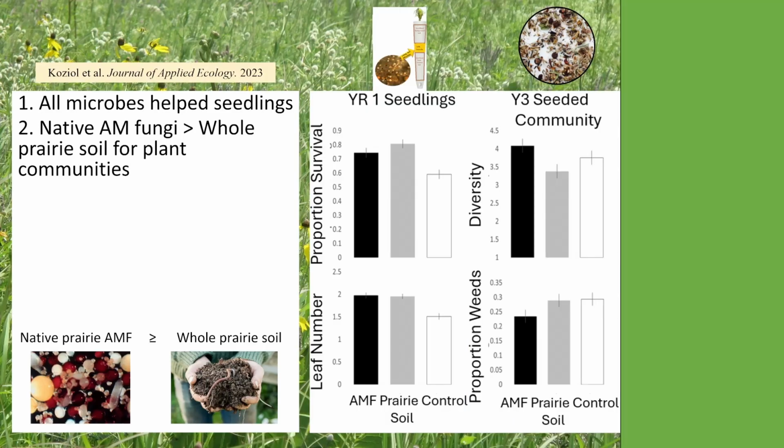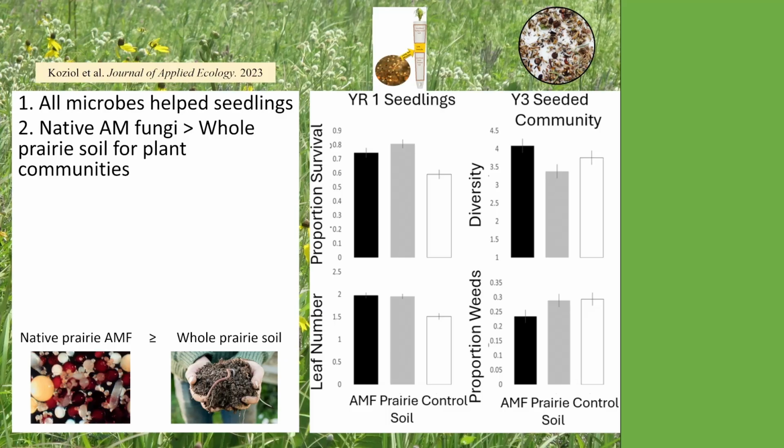Looking at what happened with the seeds that were recruited next to those plant species, we saw that diversity, which is thinking about the number of plants, the richness, and their evenness, was improved with our native AMF, and the weeds that were present were reduced with our native AMF relative to the 2 other kinds of inoculants. So native AMF seemed to be a little bit better for the whole community.